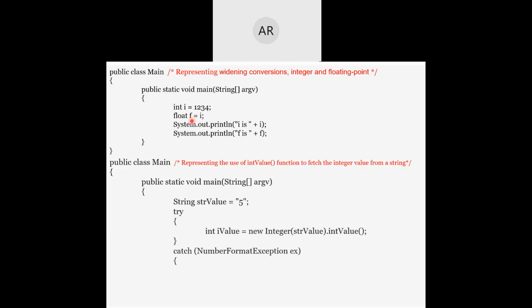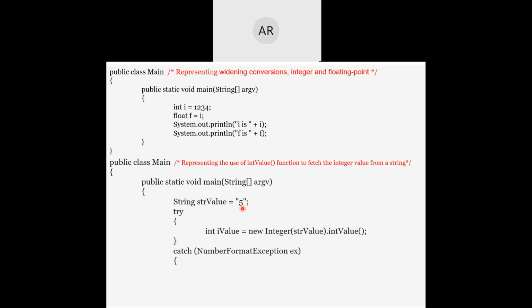Here I am explicitly mentioning the string value to be noted down. Suppose here, why I have written Integer and then intValue: this 5 has not been initialized as a numerical 5 value. It has been taken as a string 5 value.